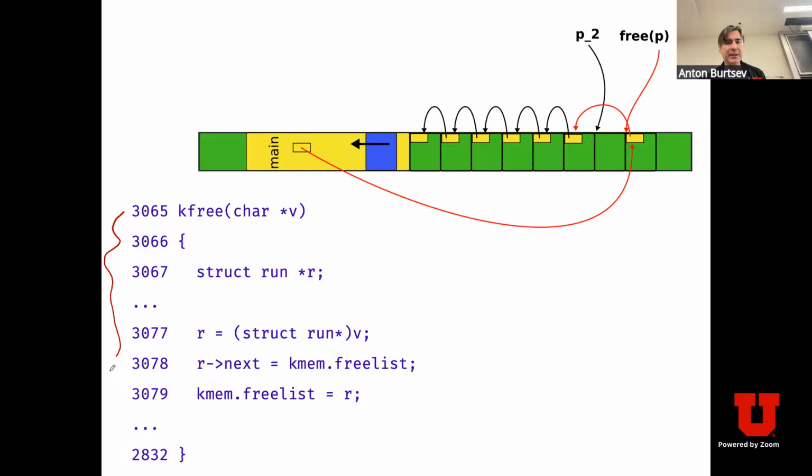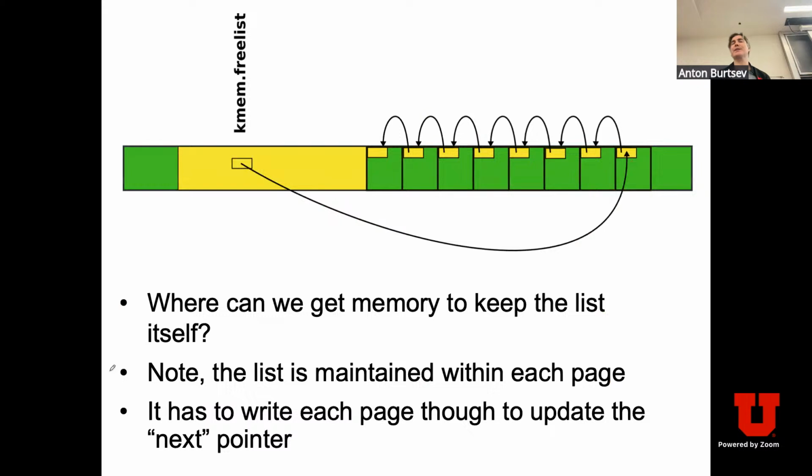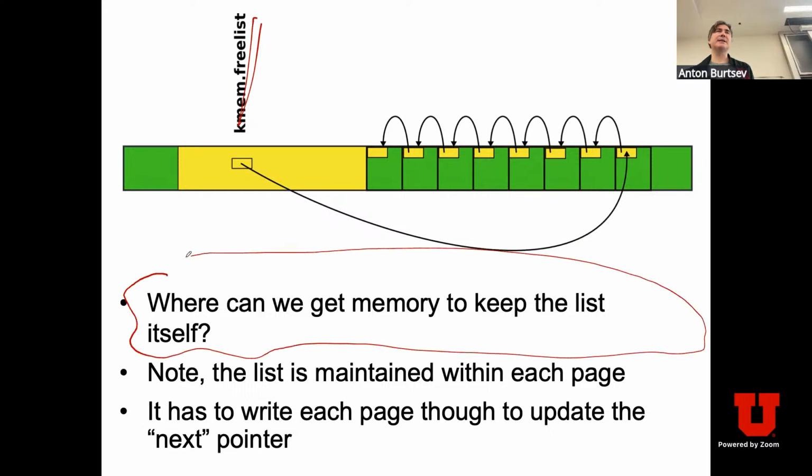One interesting question. Imagine we booted. Obviously, this list did not exist, right? Because when the kernel was loaded, this data structure is empty. We don't know how much physical memory is available. So we first need to initialize this list somehow.